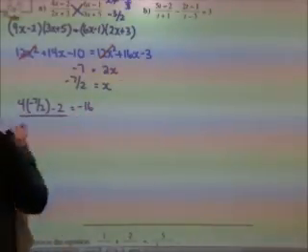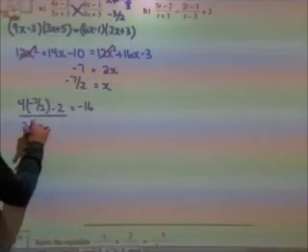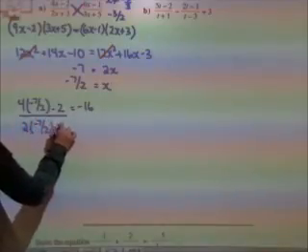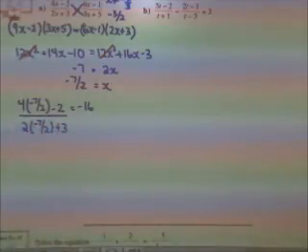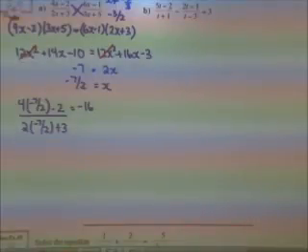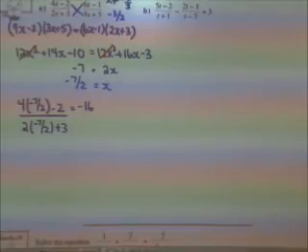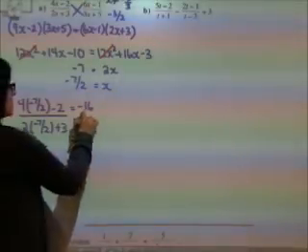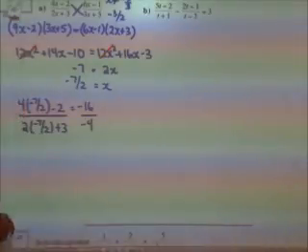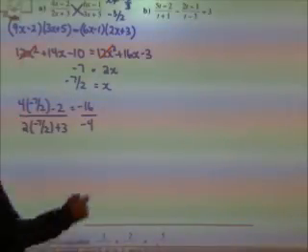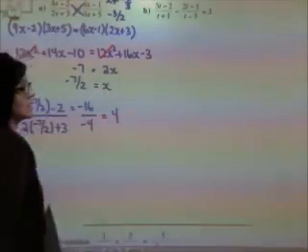Okay, let's do the denominator. 2 times negative 7/2 plus 3. So what's 2 times negative 7/2? Negative 7. And what's negative 7 plus 3? Negative 4. So what's negative 16 divided by negative 4? 4. Okay? So that's one side.